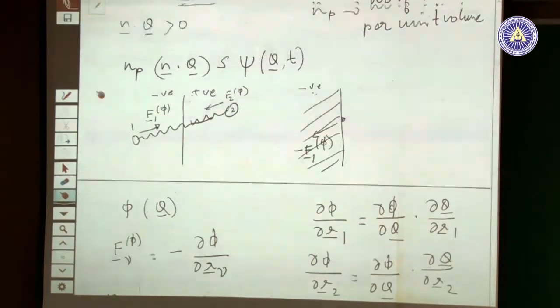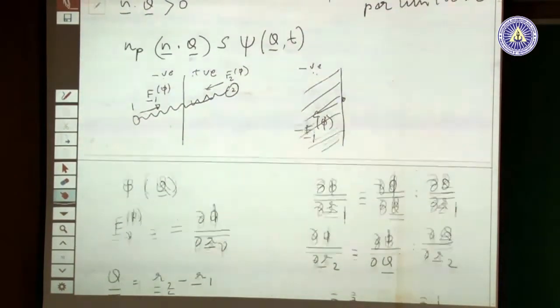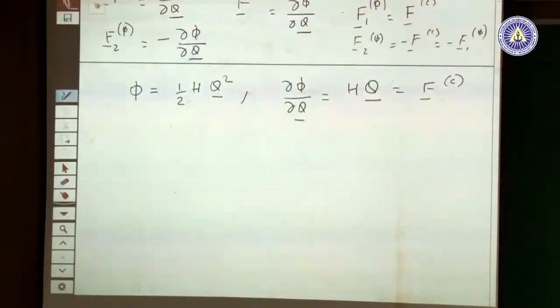We now have to multiply the number of dumbbells by minus F1 phi and integrate over all possibilities where n dot q was greater than 0. This immediately means bead 1 is on the negative side, and bead 2 is on the positive side.